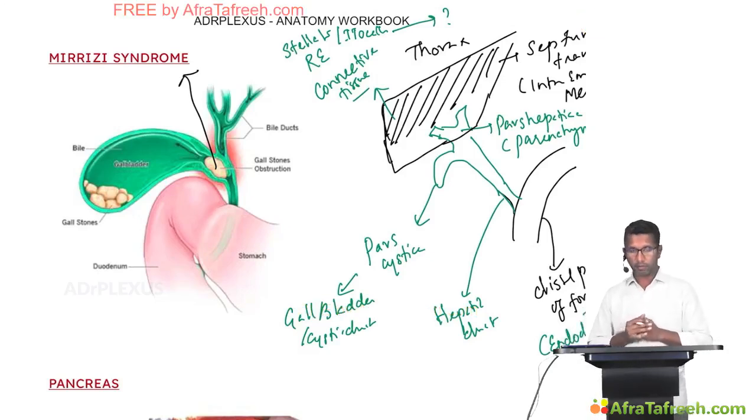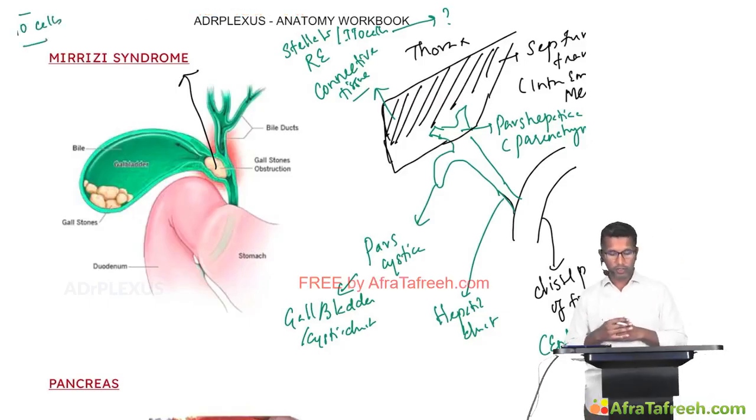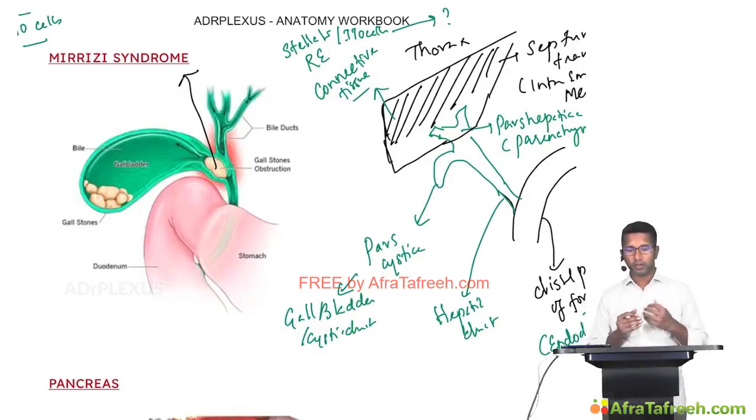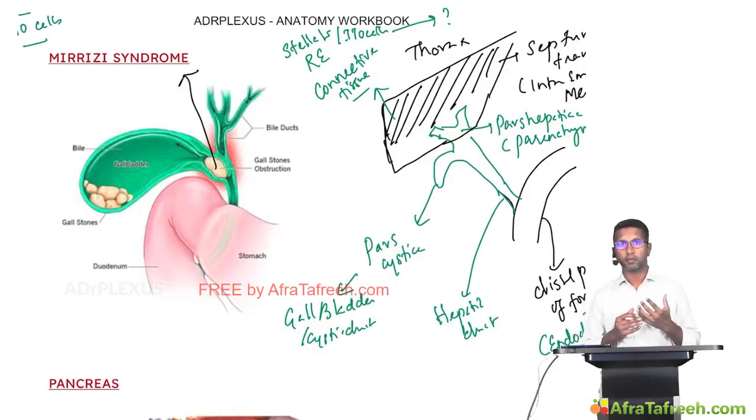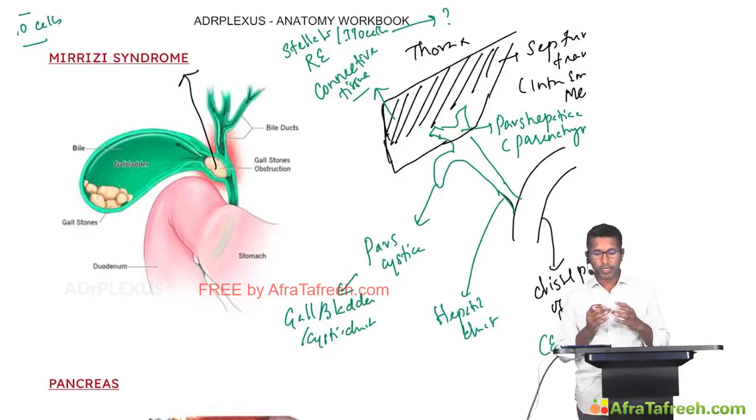But what happens when the Ito cells change their nature? Whenever there is an insult to the liver, suppose a person is consuming a lot of alcohol, this alcohol irritates the liver.